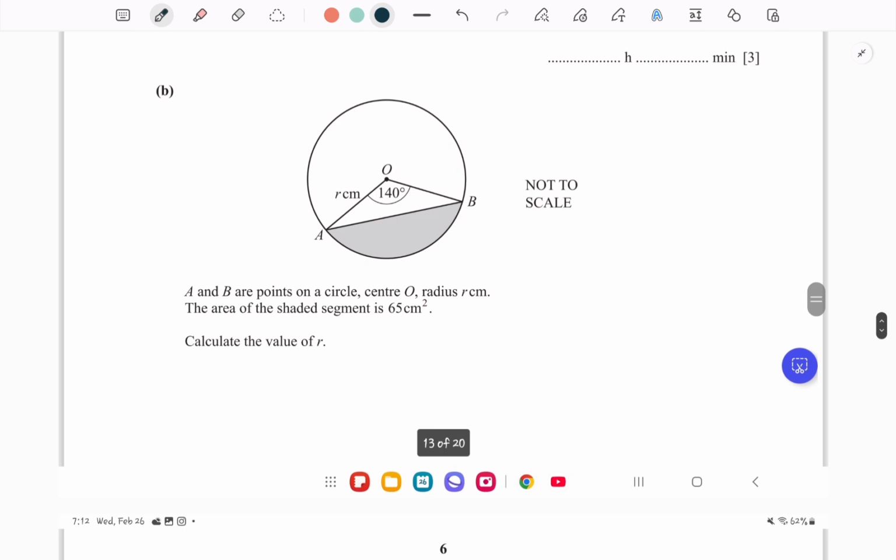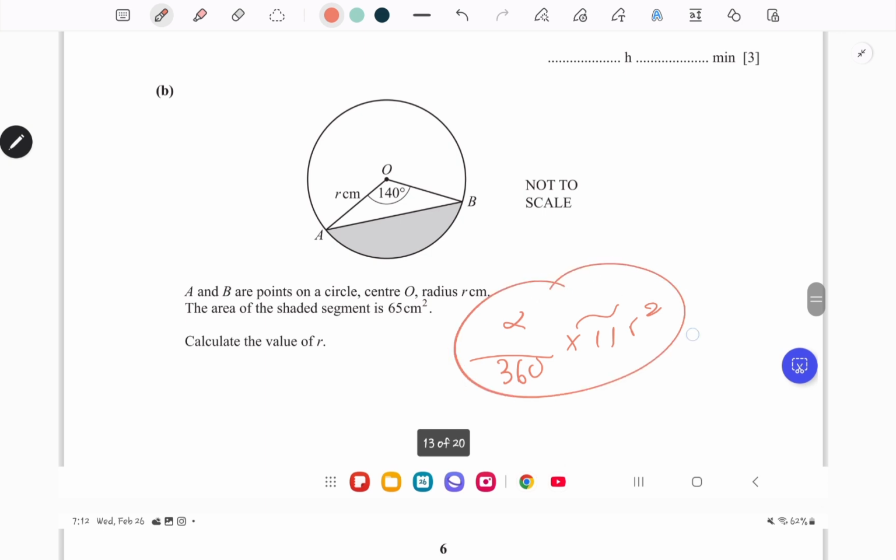Very simply, we can find the area of the sector. We know the area of the sector is angle over 360 times pi times radius squared. But then this area of the sector minus the area of the triangle, which is side times side times sine of the angle in between them, so sine 140, is going to give us 65 centimeter squared.